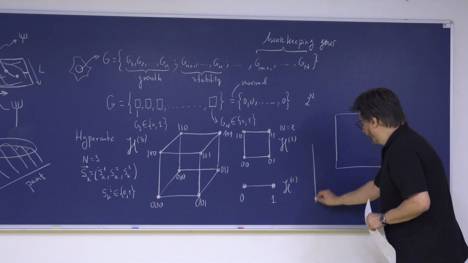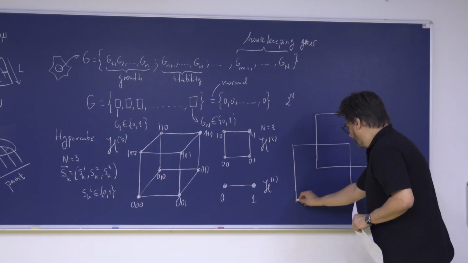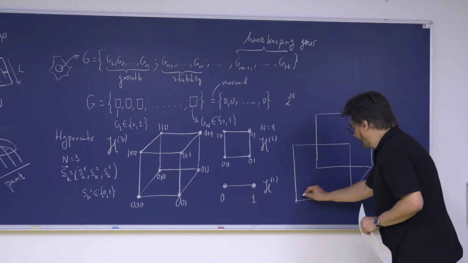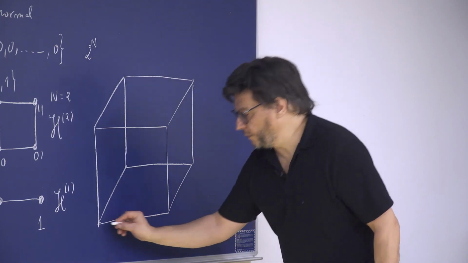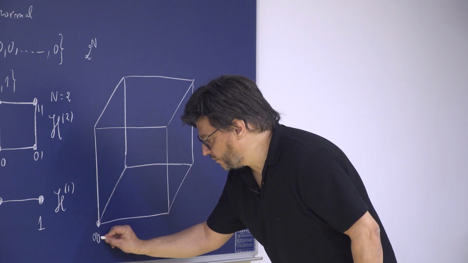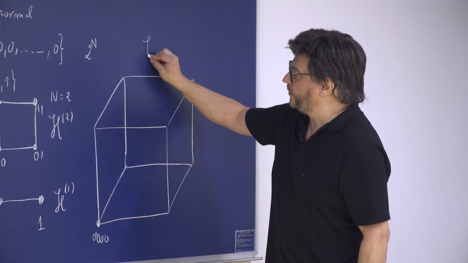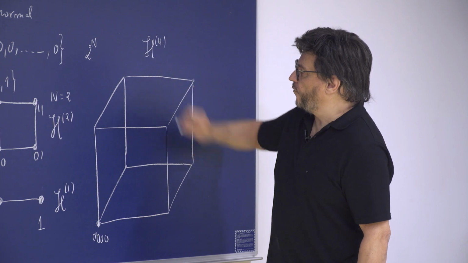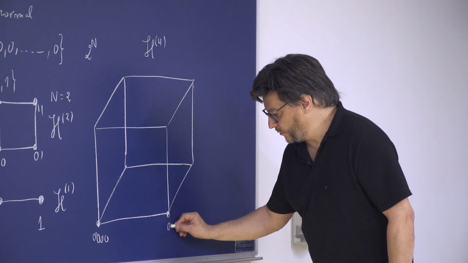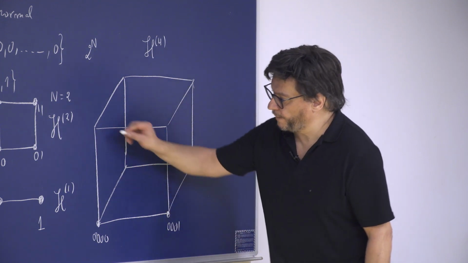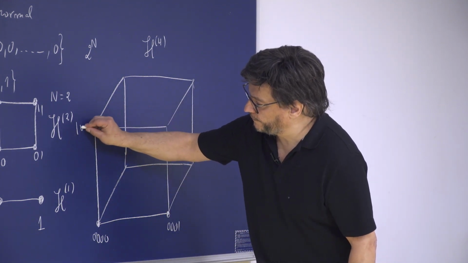Let me put here a large cube. That could be my 0, 0, 0, 0. I'm going for the 4-dimensional. We have here 0, 0, 0, 1, etc.